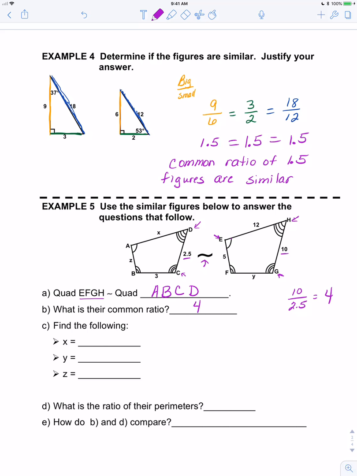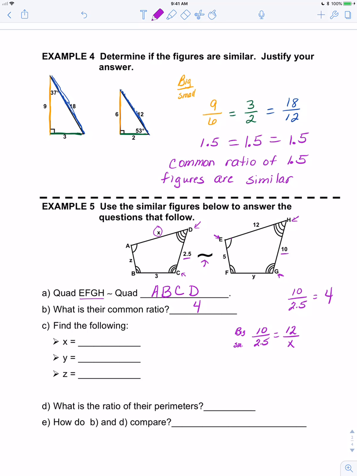Okay, so then find the following. If we're finding x, then we want to set up that ratio. So we say 10 is to 2.5 as, because that's the one we know, so what corresponds with the side x on the other triangle, or the other quadrilateral, sorry, 12. So that should be 12 over x. And again, we're going big one over that smaller one.